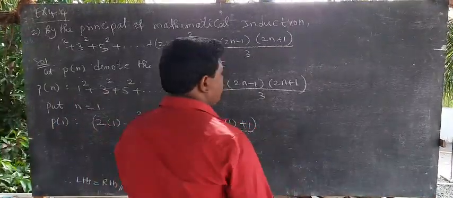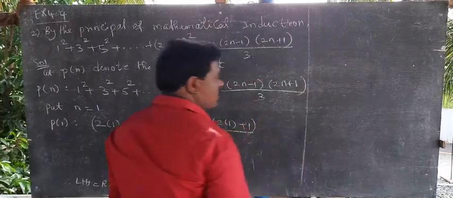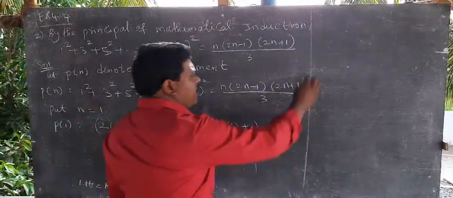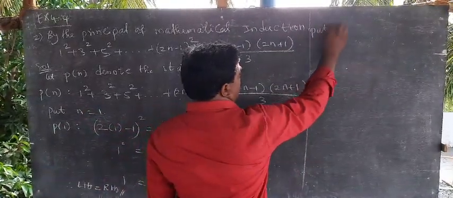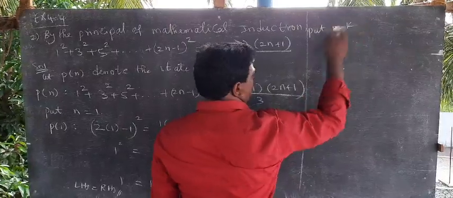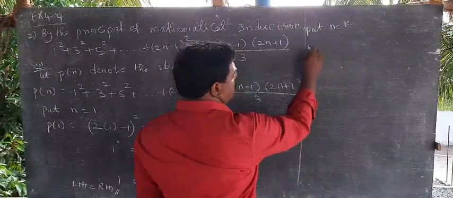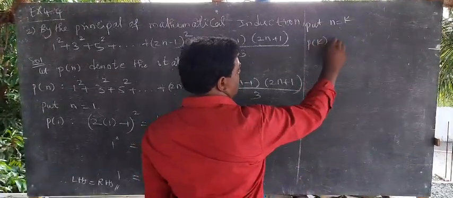Step 2. Step 2 what? Put n equal to k. That is P of k.